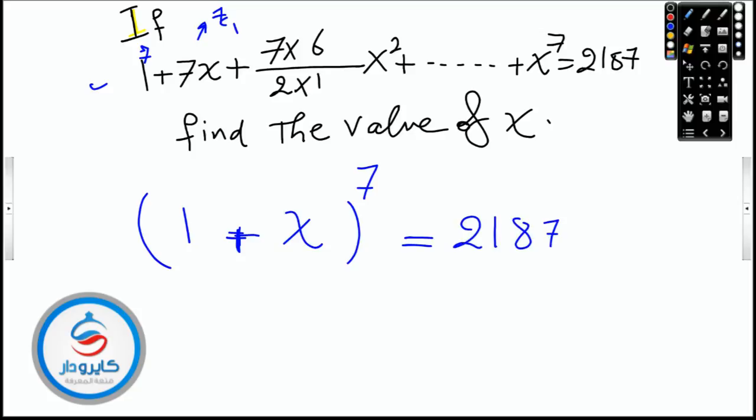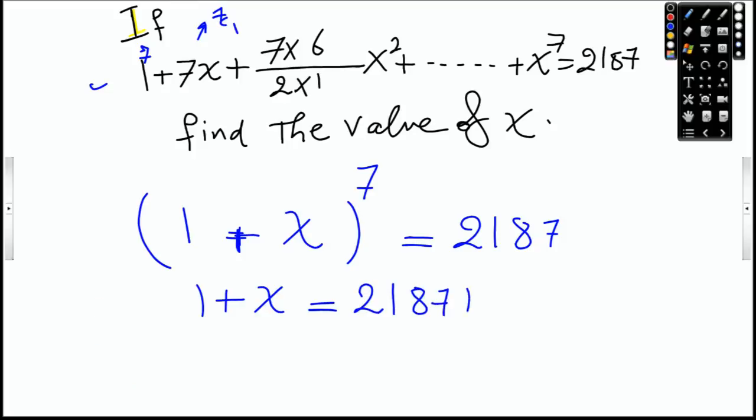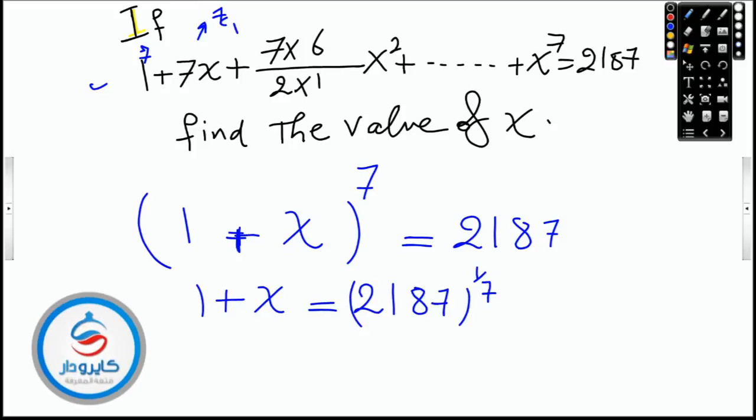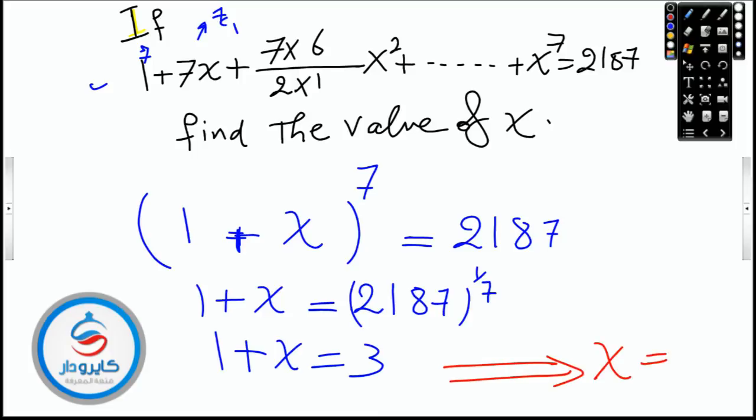This means I converted this whole left hand side to the bracket 1 plus x all to the power of 7. Now we want to solve an equation. So 1 plus x equals either the 7th root of 2187, or 2187 all to the power 1 over 7. So 1 plus x equals 3. So we have to get that x equals 2. x equals how much? 2.